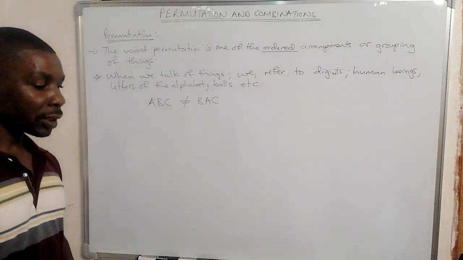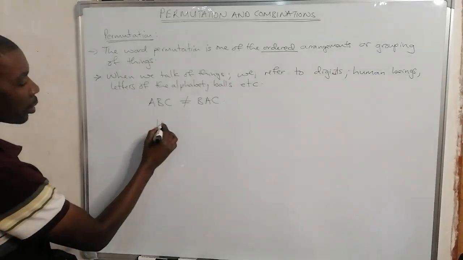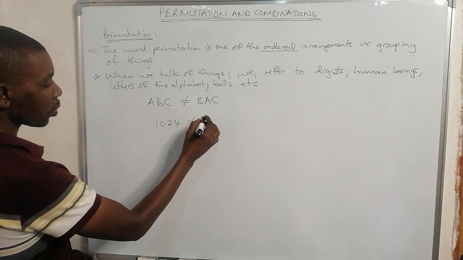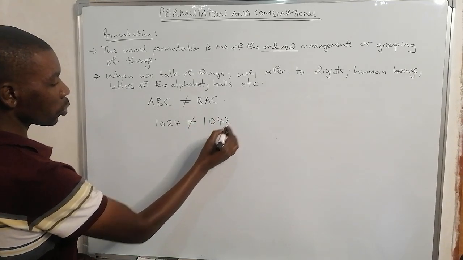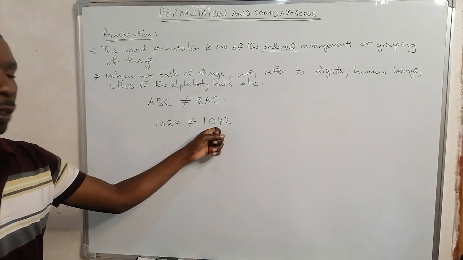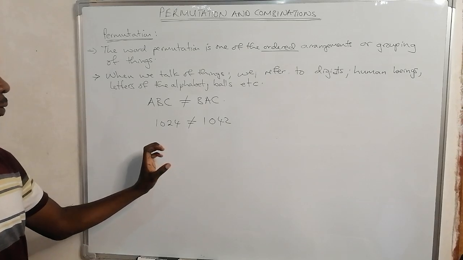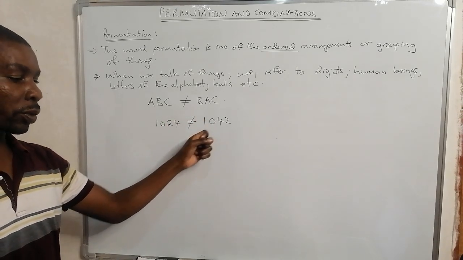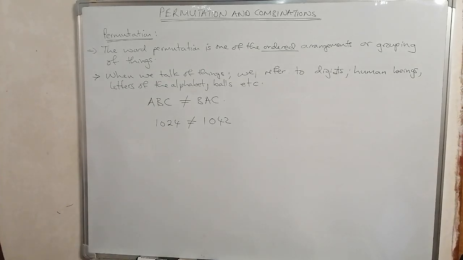Even 1024 is not the same as 1042. We have the same digits, but the order is different. Therefore this one is not the same as this one.